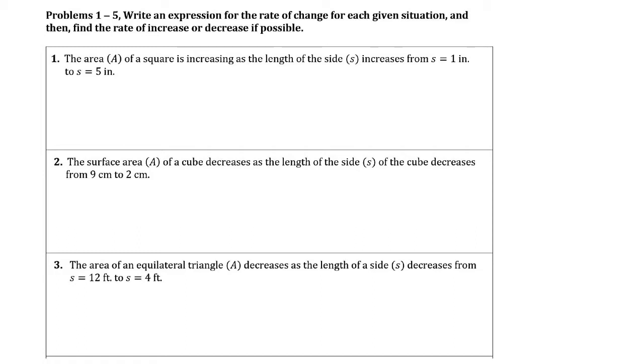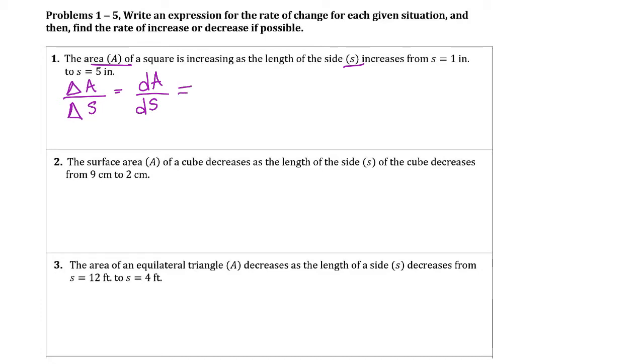And in class, we talked about that rate of change or changing as a delta. And we're going to talk about the area, delta A, over our side length, delta S. And that can also be referred to as rate of change of A over the rate of change of S, and you're going to see that more so than anything else, the second way of writing it.